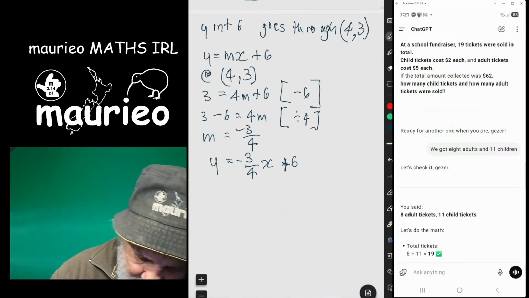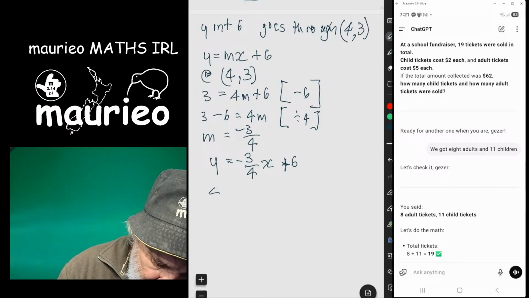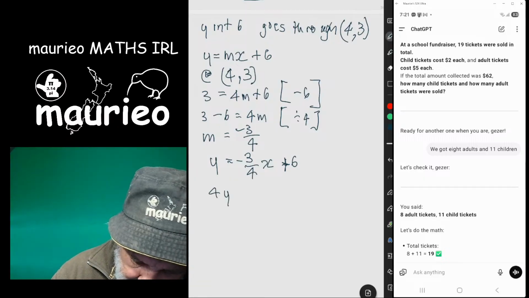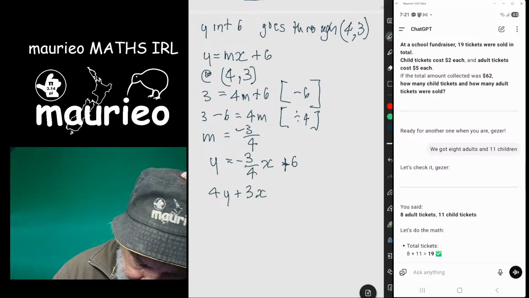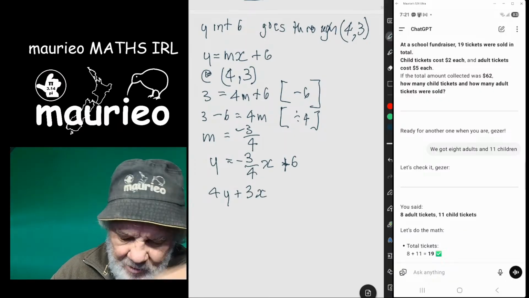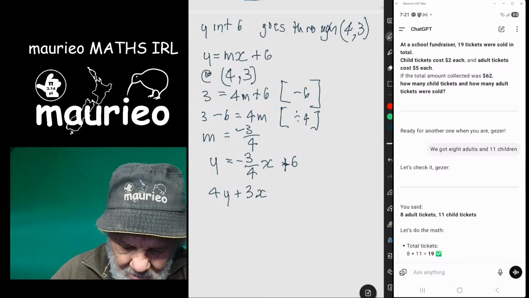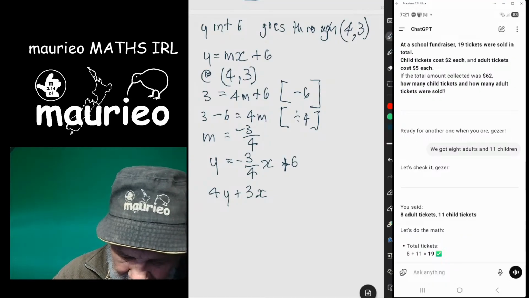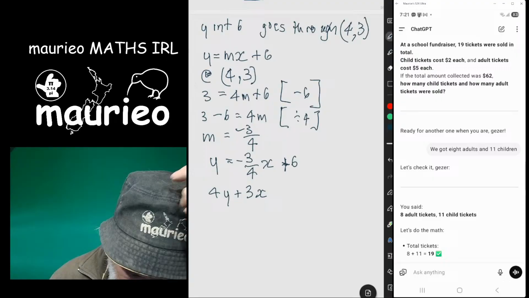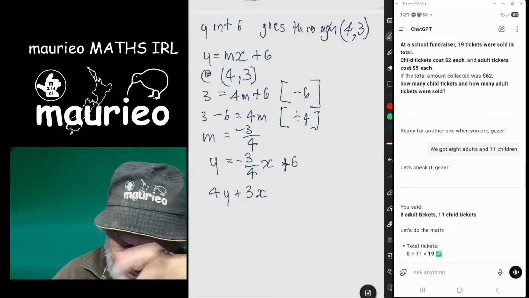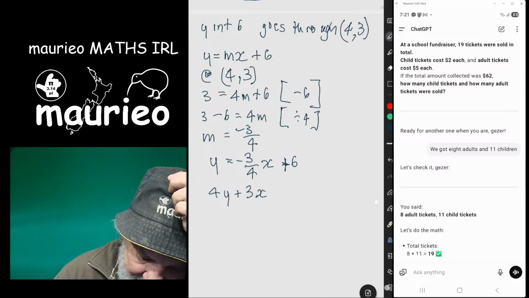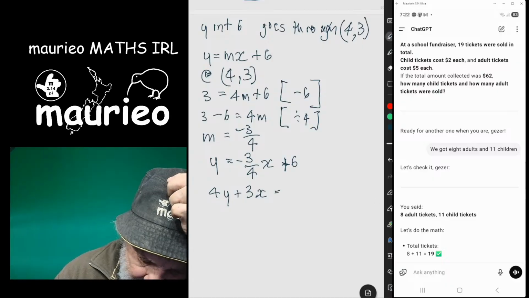Right, and now we'll multiply that out. 4y plus 3x, because we multiplied everything by 4. 4y plus 3x, because I've put that over the other side, equals 24.